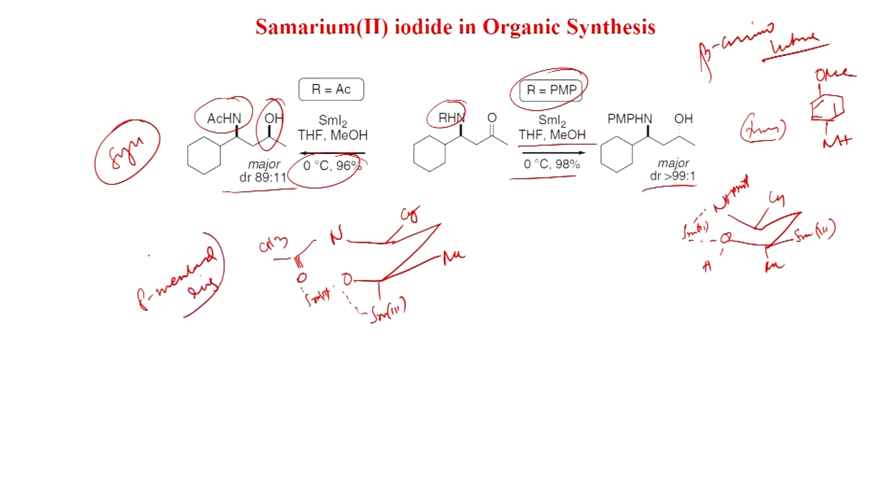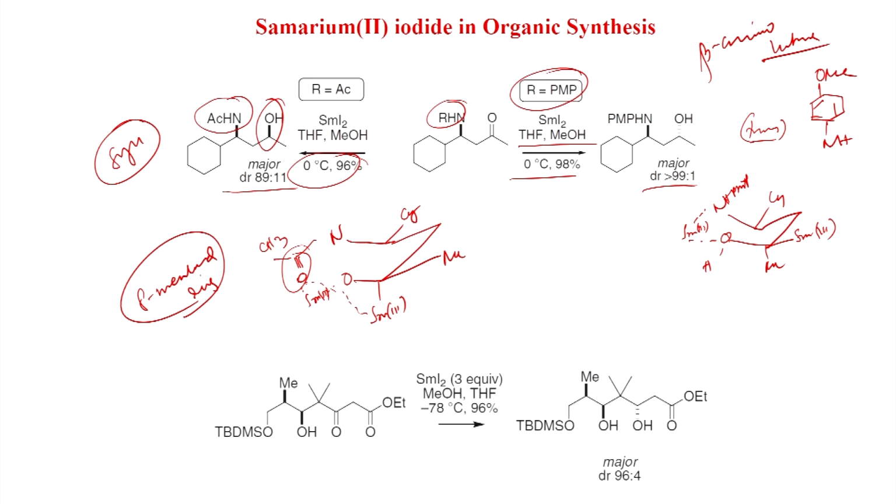So, it is quite flexible because of this coordination. Maybe this also coordinates to samarium(III), because this is very much nucleophilic, it wants to coordinate with samarium, and the samarium wants to stay close to the amide carbonyl, and that is why you get this geometry.